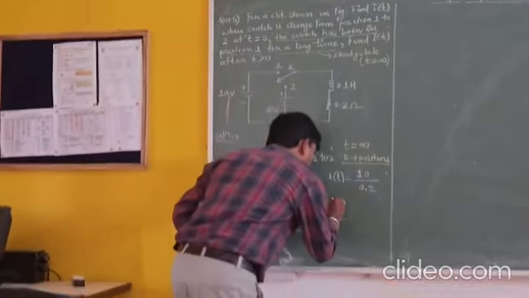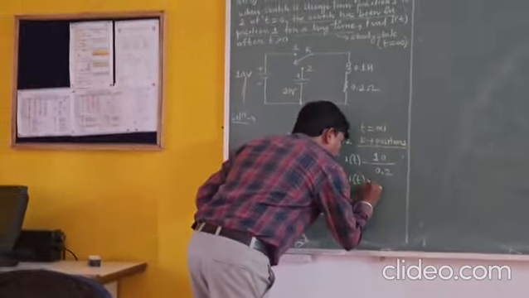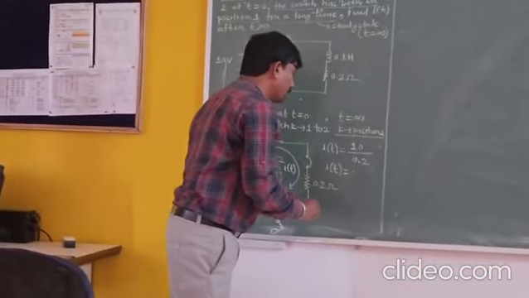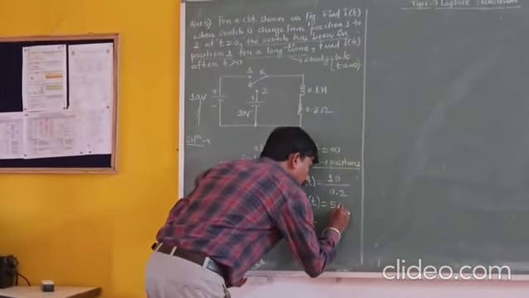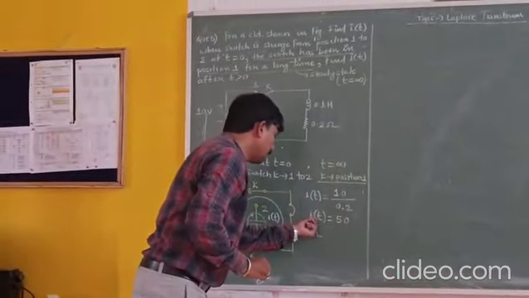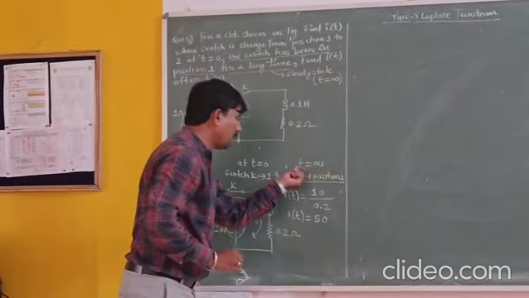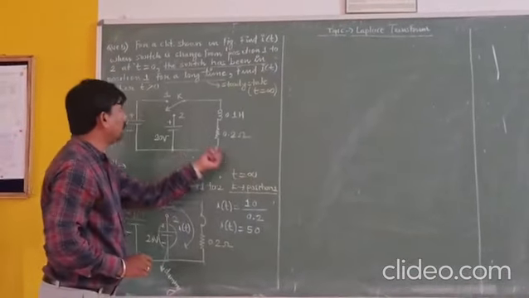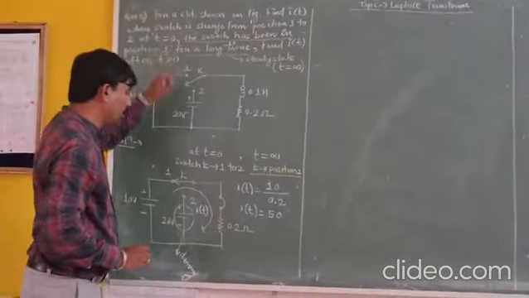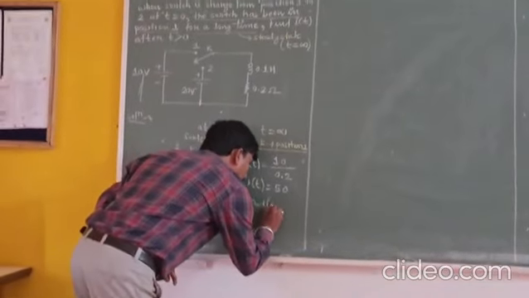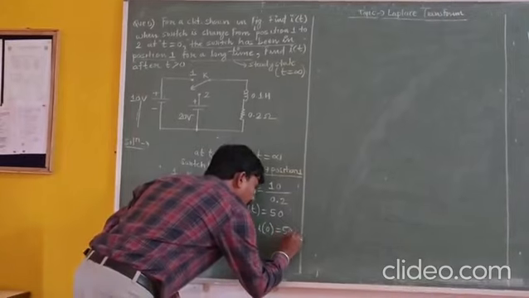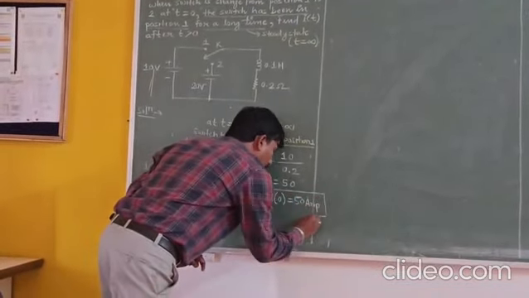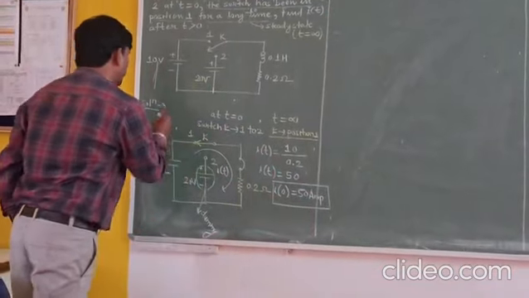Got it? Dividing 10 by 0.2, it is exactly equal to 50. Now this value we have found at the condition t equals infinity, but this condition is derived at t equals 0. Therefore, i(0) equals 50 ampere. So this is what we have obtained at step number 1.